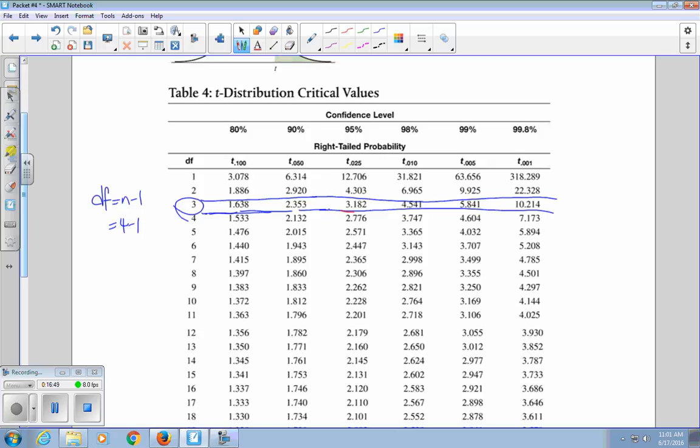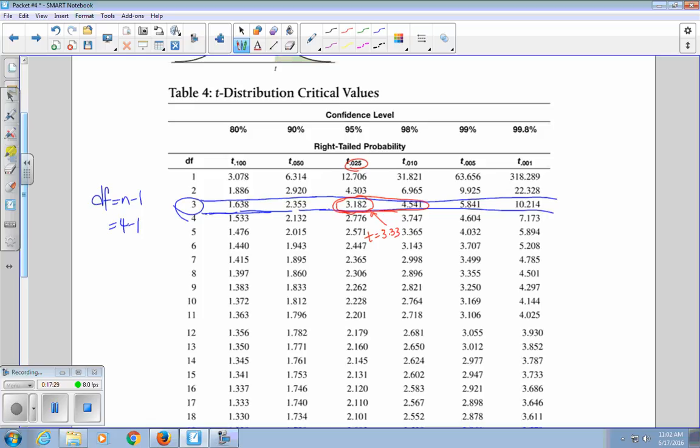And that's going to be between these two numbers, a little bit closer to this one here, right? 3.18 versus 4.5, but it is between these two. So the probability you read off from this little number right here. Because our t-statistic was 3.33, this is the number we're matching it closest to. So the probability is about 0.025.